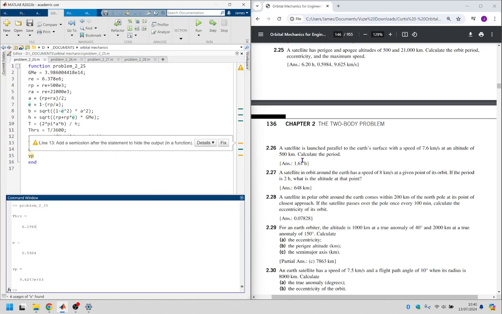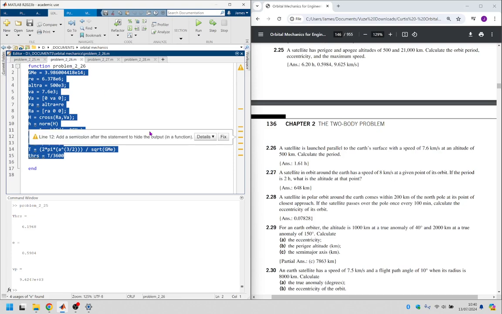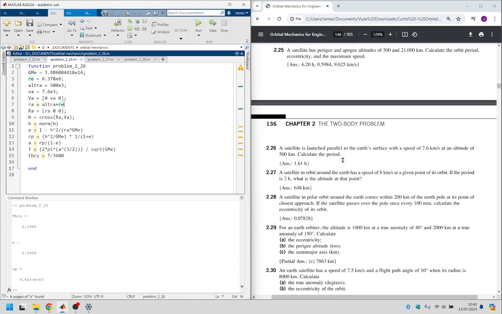So moving on to 2.26, a satellite is launched parallel to the Earth's surface with a speed of 7.6 kilometers per second at an altitude of 500 kilometers. Calculate the period. Now this one again is just a word problem. A satellite running parallel to the Earth's surface will be at either perigee or apogee.